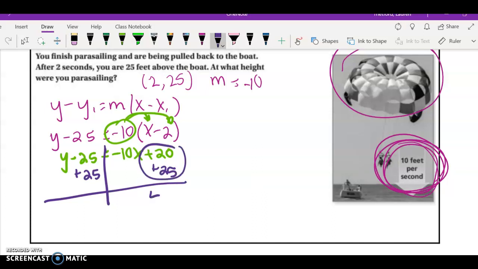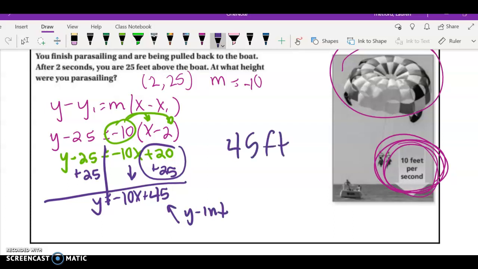So 20 plus 25 is 45. And bring down my other term that had a variable. And so this tells me that my y-intercept, which is my initial height, you were 45 feet when you first started parasailing.